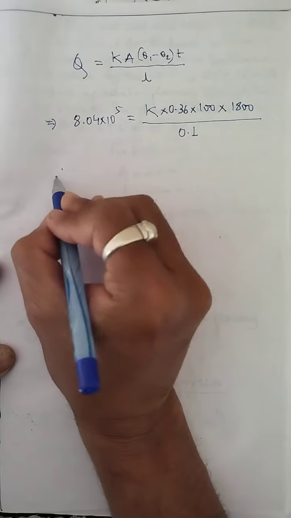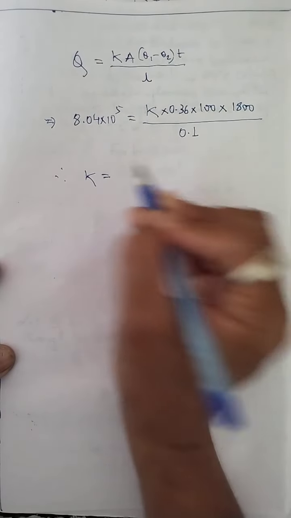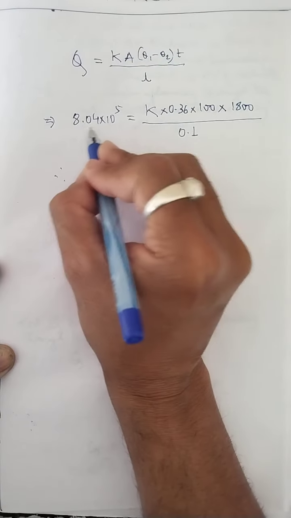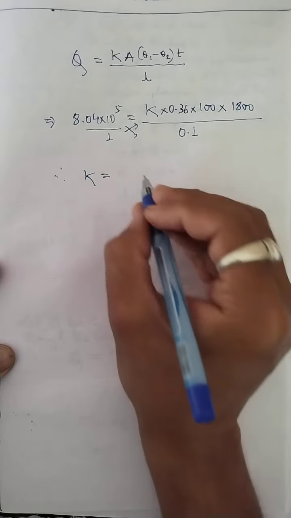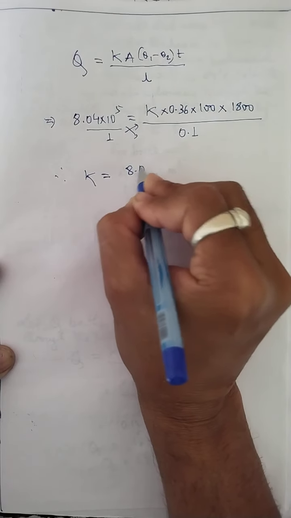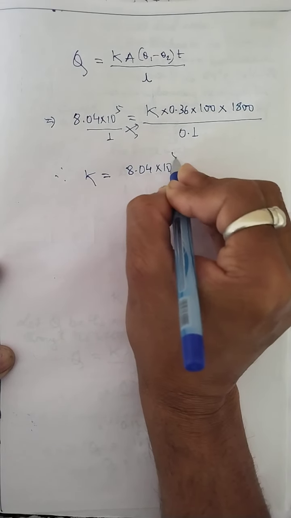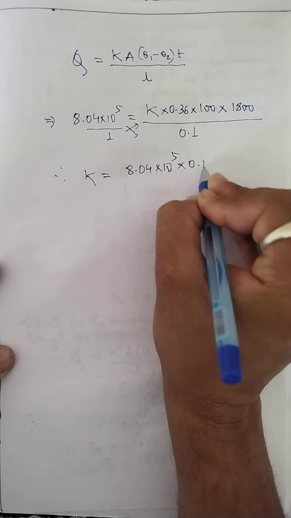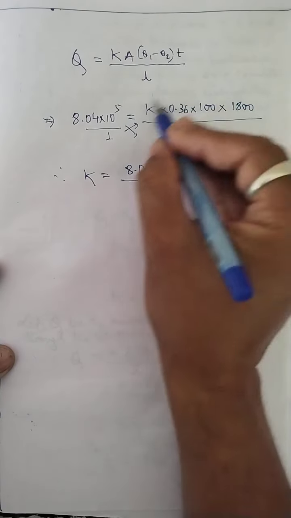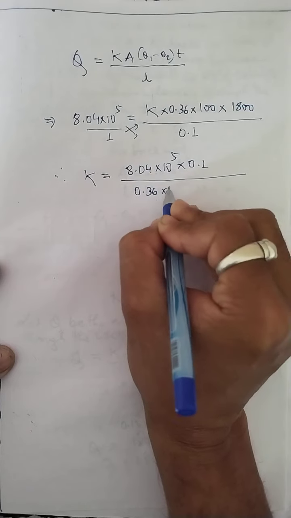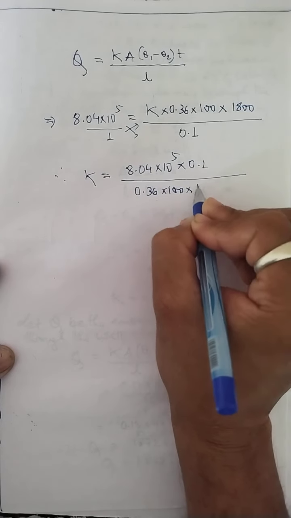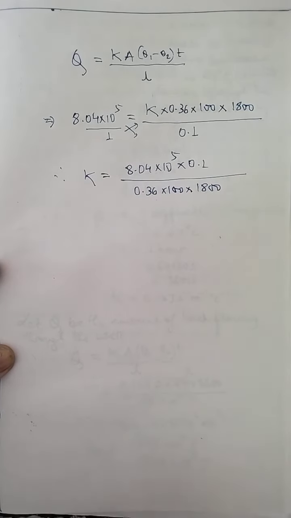If we cross multiply and make K the subject, directly I can write K equals 8.04 into 10 to the power 5 into 0.1, divided by 0.36 into 100 into 1800. Now from here we can do the calculation.